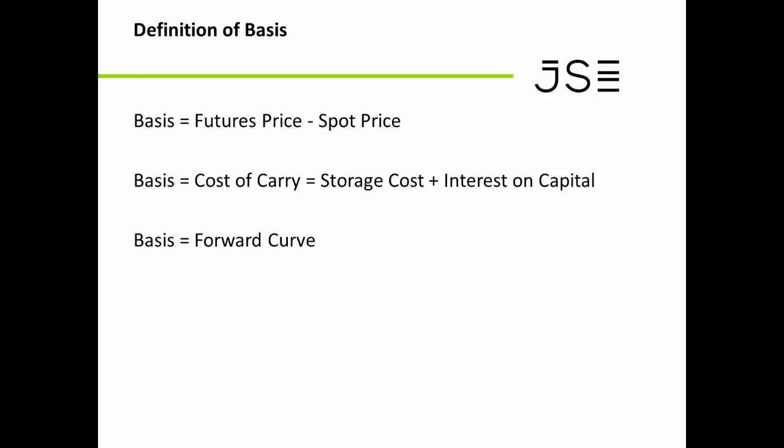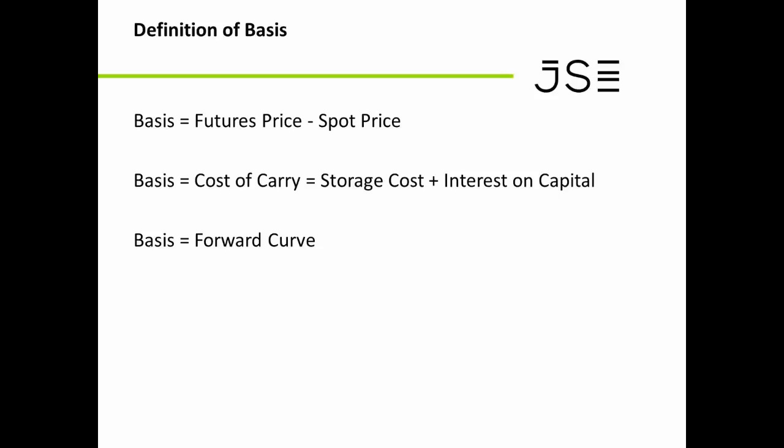There are a couple of factors that contribute to the difference, in the normal course of trading, between what you would see in the physical market and in the futures market. We also refer to it as the cost of carry, which is really just the difference between your futures and your spot price.